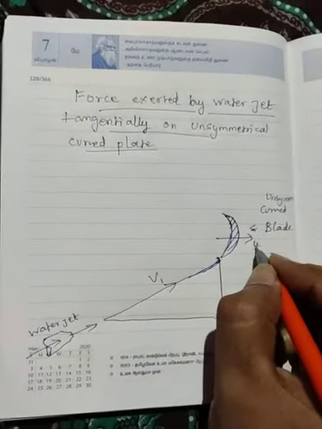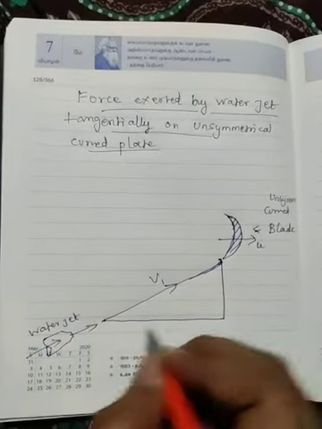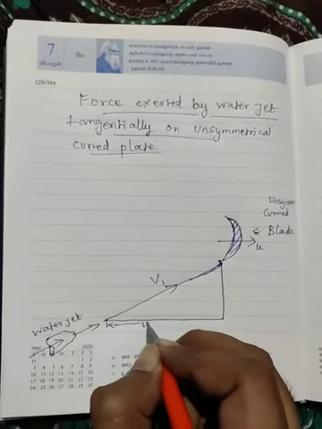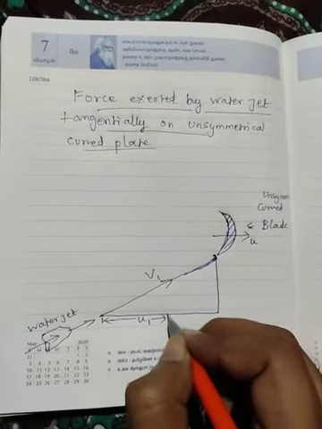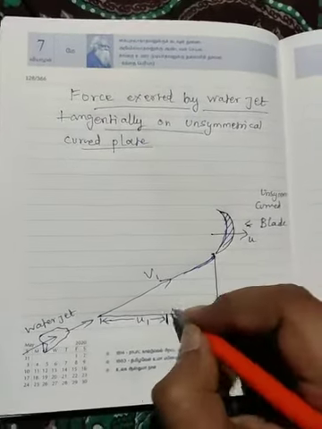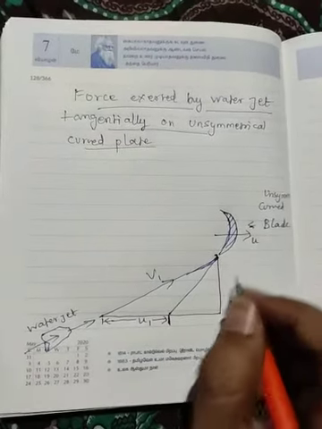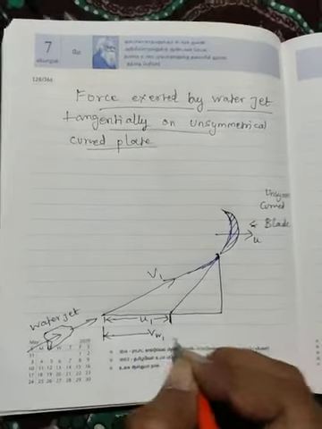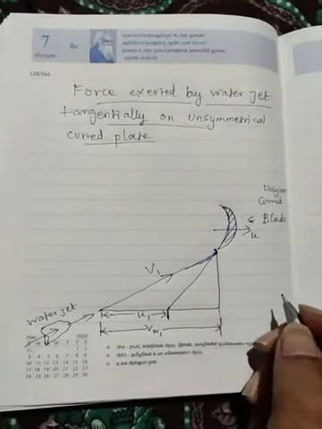The water which is approaching the blade comes under the inlet velocity triangle. We draw the inlet velocity triangle here, take the horizontal and take the blade velocity into account. When we take that length and draw the line, it will intersect at a point.